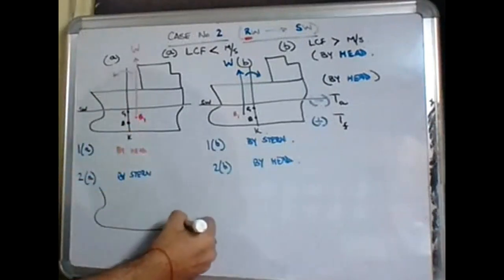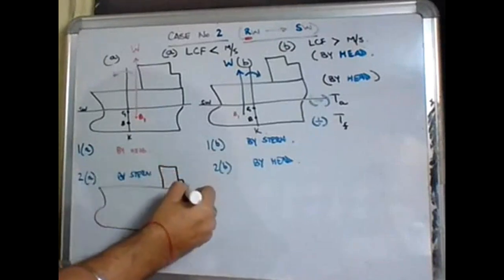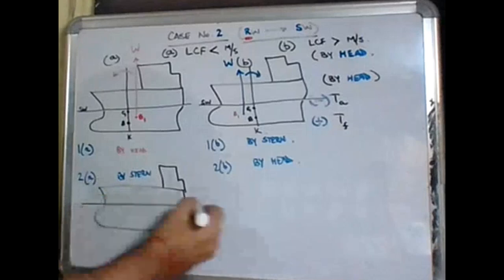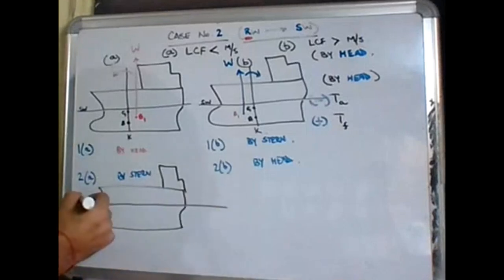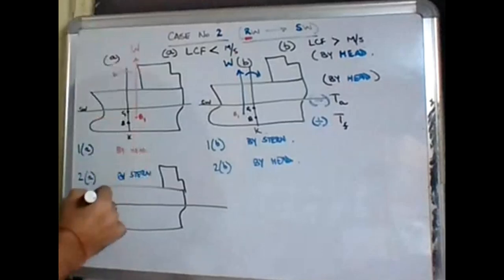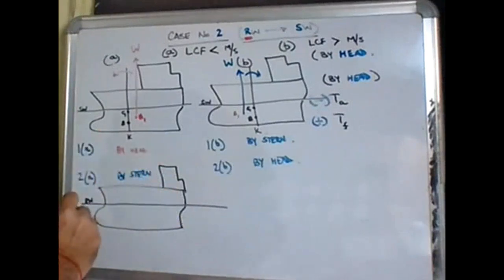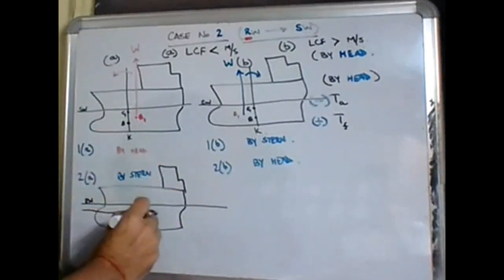So now come to 2A. I'm going from Haldia, river water, to Chennai, sea water, mean rise.